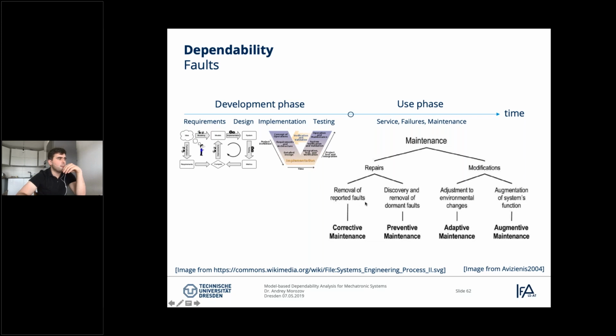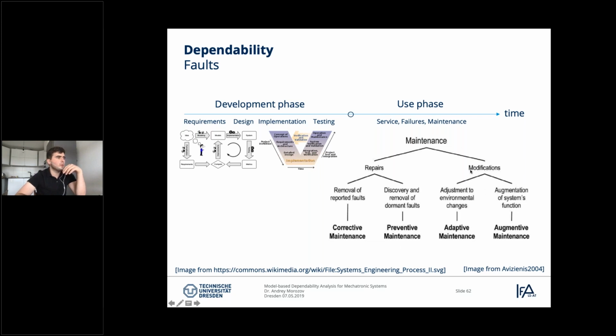I mean, reported faults which are already detected and we remove them, or we find out that there are some faults which haven't been activated yet, and then we try to avoid failures in the future, and this is preventive maintenance.